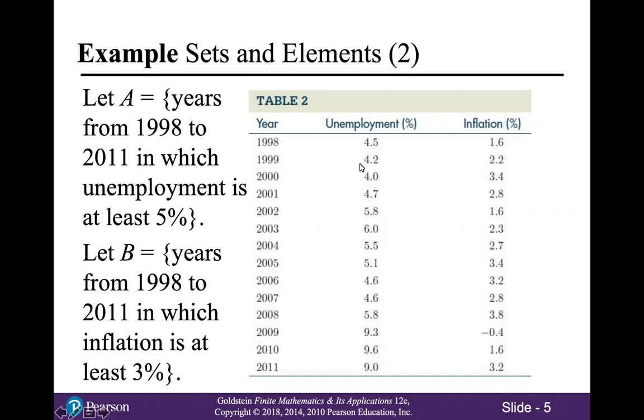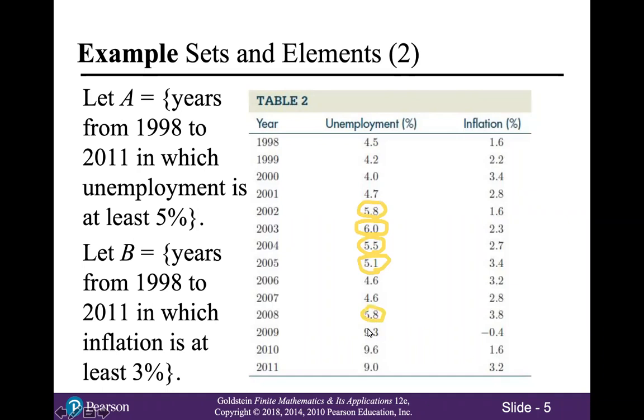So what I was going to do was circle the elements that belong to A. I'm circling all the numbers that are at least 5 under unemployment.